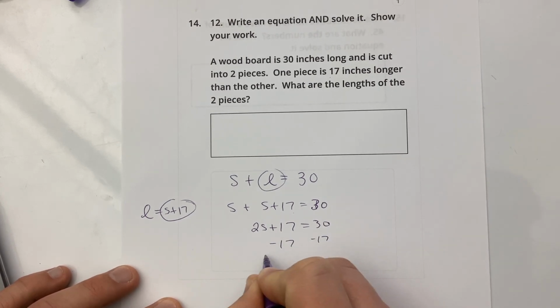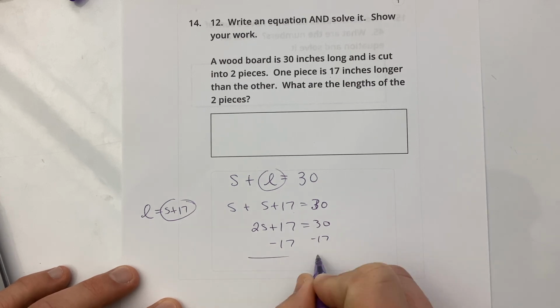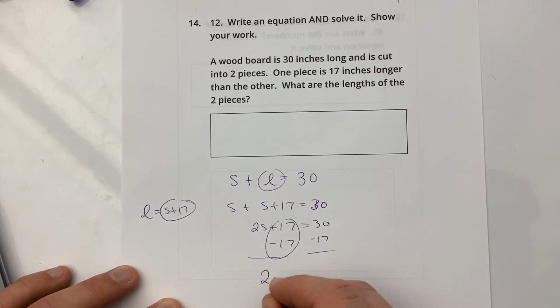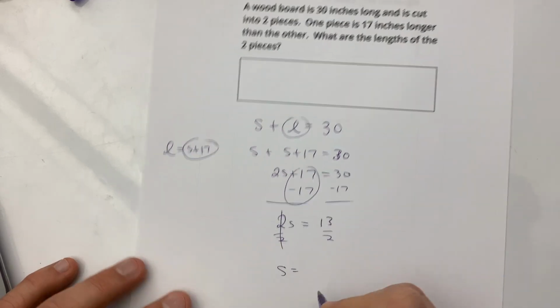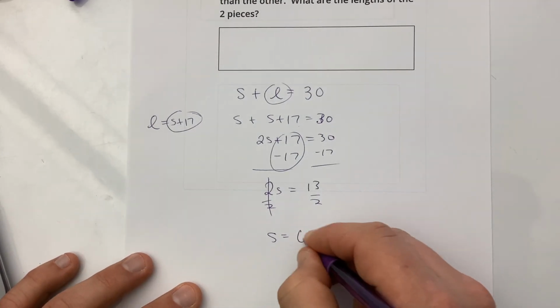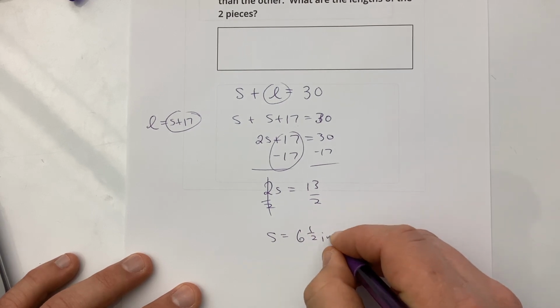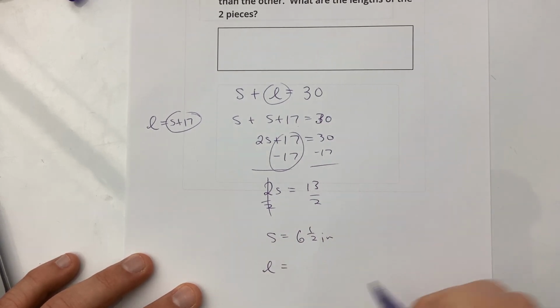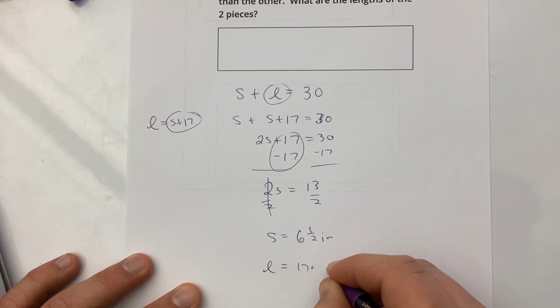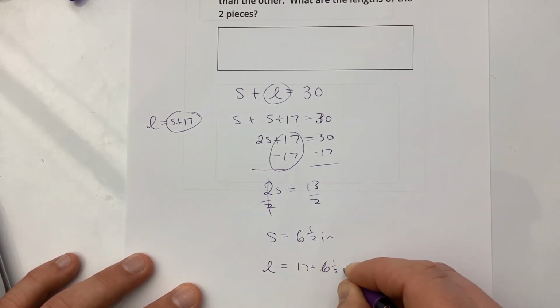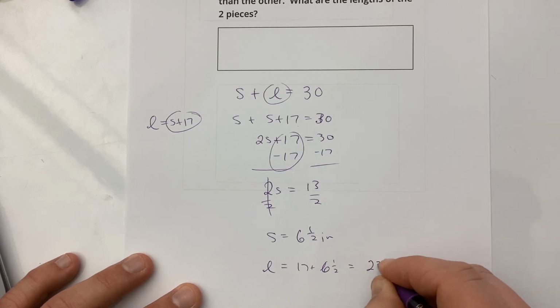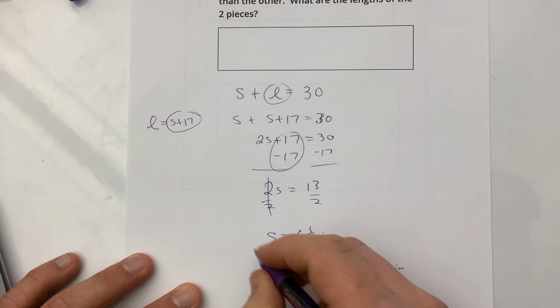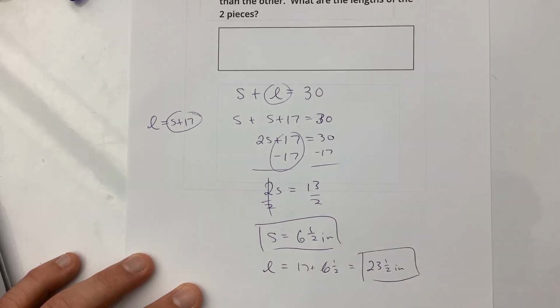Subtract 17 from both sides. That goes to 0, and I have 2s equals 13. Divide by the coefficient, and we get s equals 6.5 inches. So the long board would be 17 plus 6.5, which equals 23.5 inches. So that would be the length of your two boards.